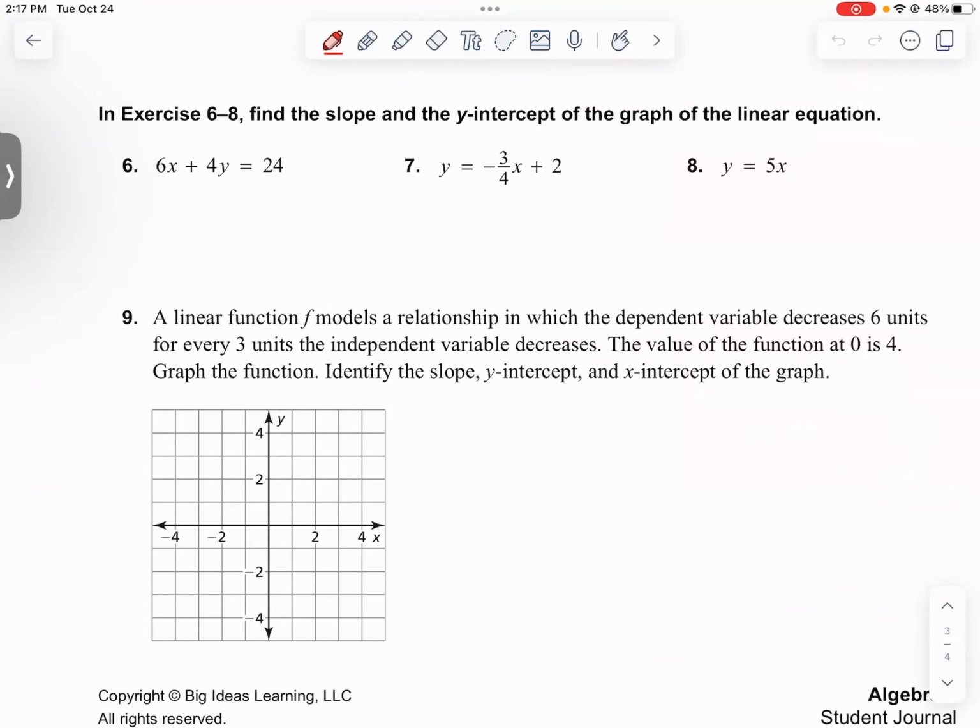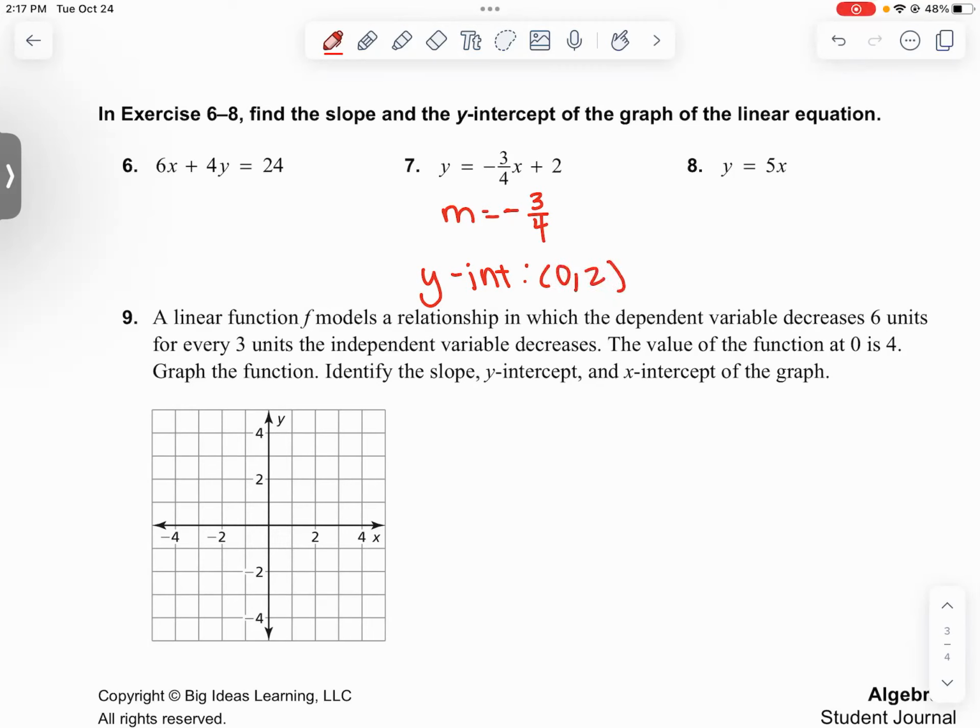If I ask you in number 7, hey, what's the slope? What would you tell me, Kyron? -3/4. Okay. And if I said, hey, what's the y-intercept? What would you tell me? Noah? 2.